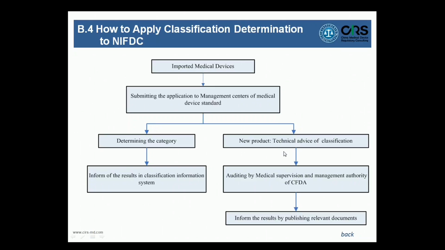And we should go through the technical advice of classification and audit by the medical supervision and management authorities of CFDA. After that, you will get your results to make sure whether your product is a medical device or not, and what classification level your medical device is.